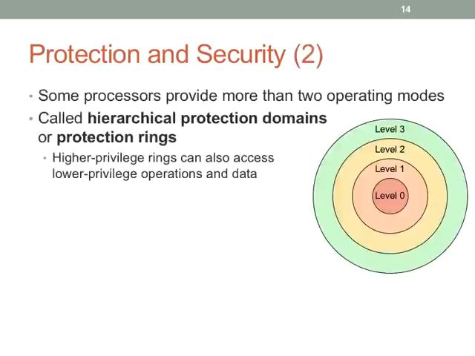There are processors that provide more than two operating modes. This is one of the pictures from CS124. IA32 has 4 protection levels. They're called hierarchical protection domains because they are nested. So level 0 can do everything that level 0 is allowed to do, obviously, and also level 1 and level 2 and level 3. Level 1 is allowed to do everything but the level 0 stuff, and so forth. Okay?